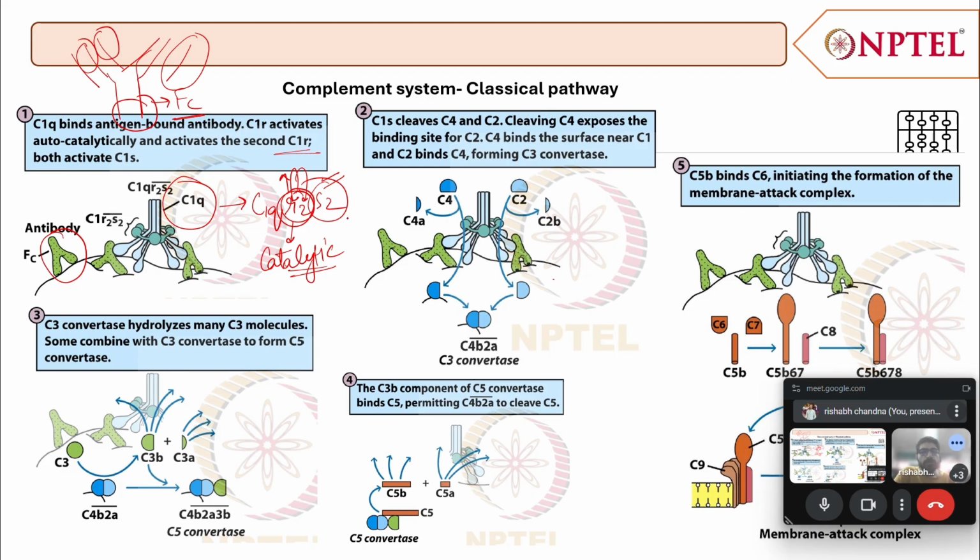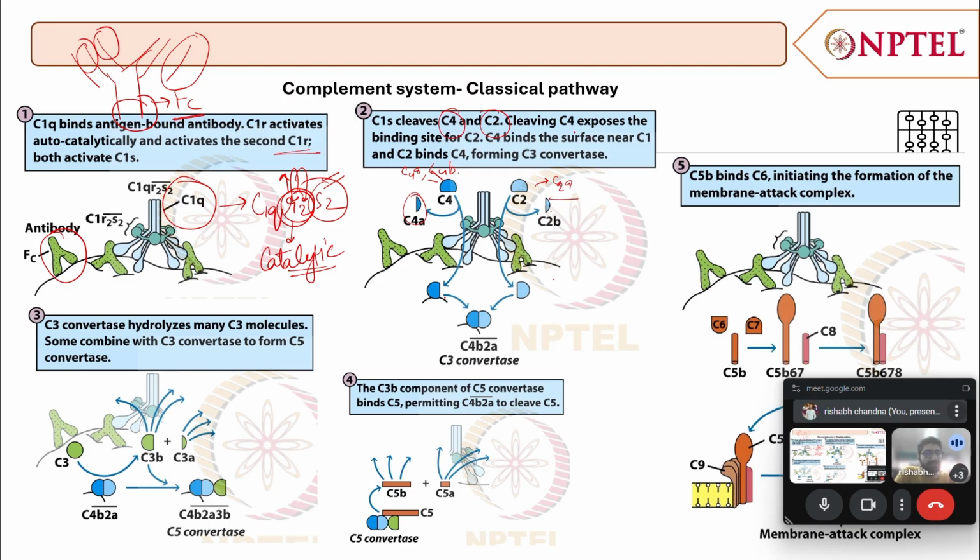Now what will happen? The S units, after activating, attract C4 and C2, two more proteins of the complement system. Whenever they are activated, they recruit C4 and C2 and cleave them. So C4 will be divided into C4a and C4b. This is the C4a and the C4b is here. The C2 is also converted to C2b and C2a.